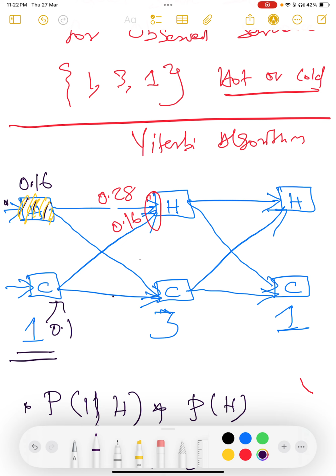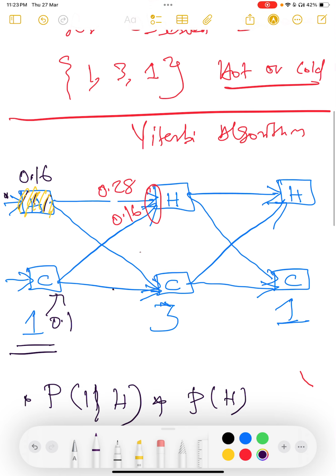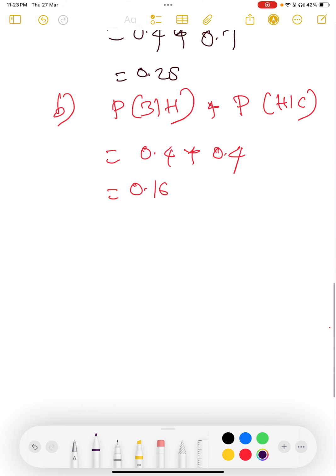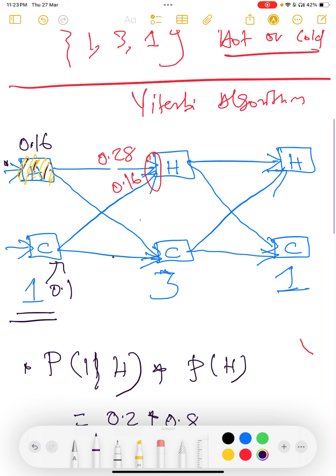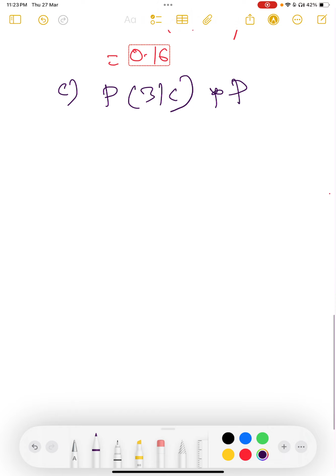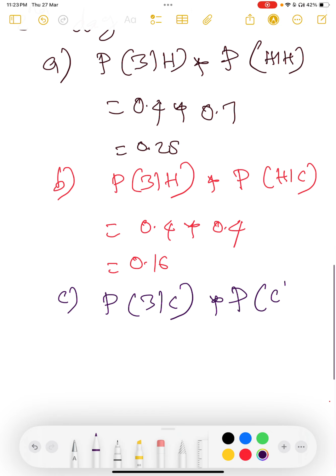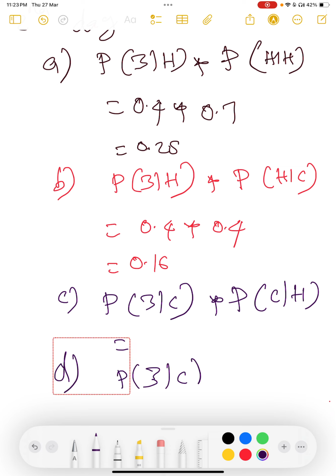For the second day, C is the probability of 3 given C into the probability of C given H. And D is the probability of 3 given C into the probability of C given C. This we also have to find.